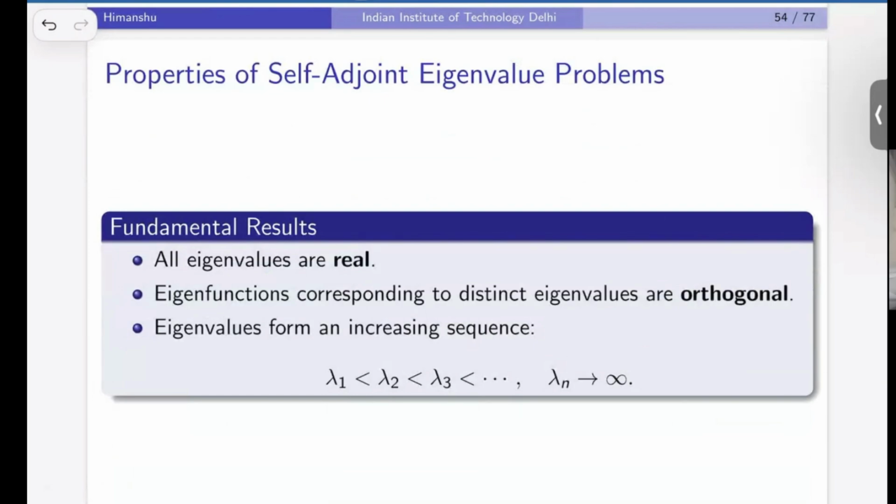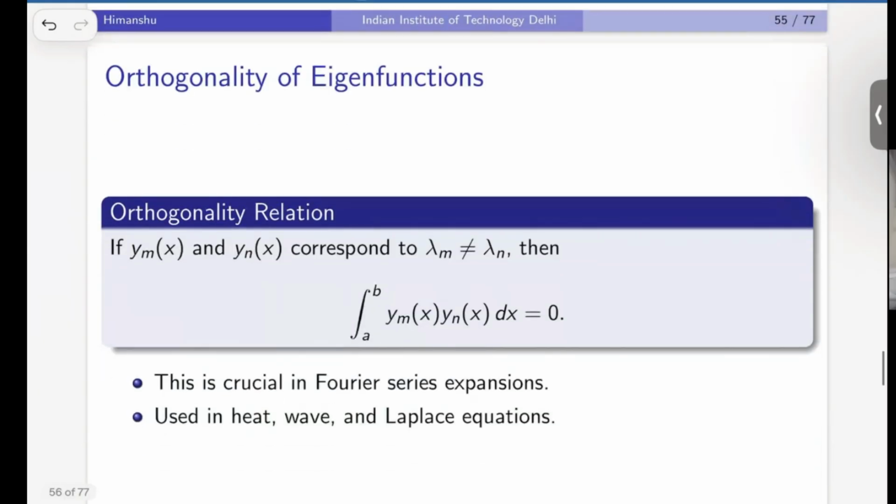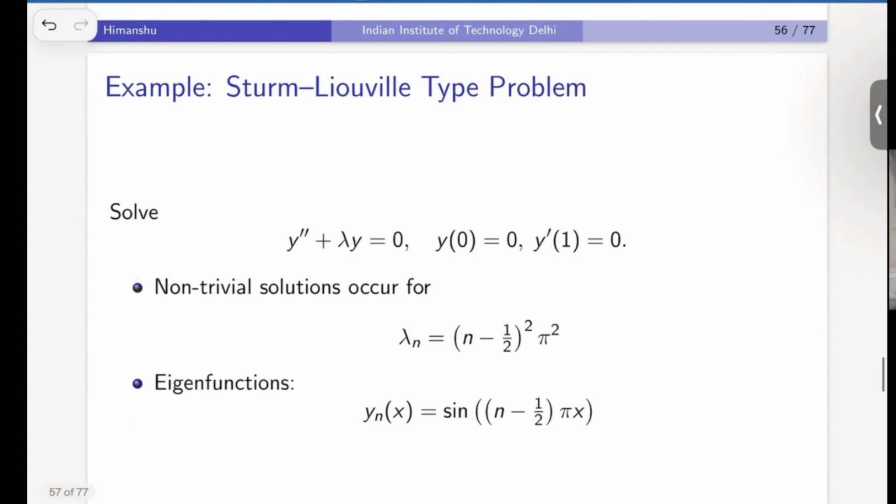So these are some results: all eigenvalues are real, eigenfunctions corresponding to distinct eigenvalues are orthogonal, and we can always put our eigenvalues in an increasing sequence which is unbounded and goes to infinity. So here is the meaning of orthogonal functions.